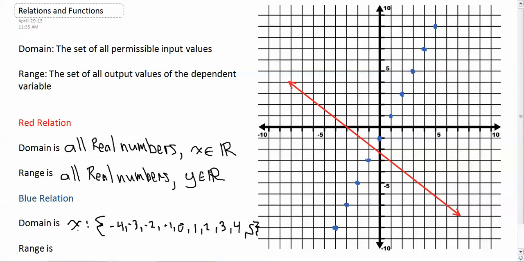We use these kind of weird looking brackets here for set notation. So the domain x is the set -4, -3, -2, -1, 0, 1, 2, 3, 4, 5.